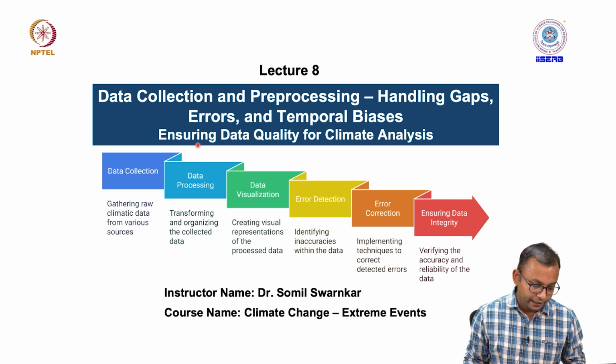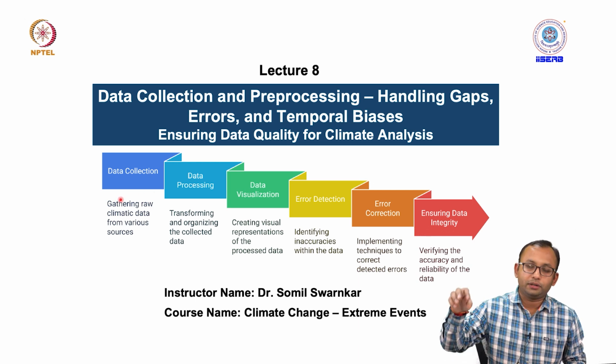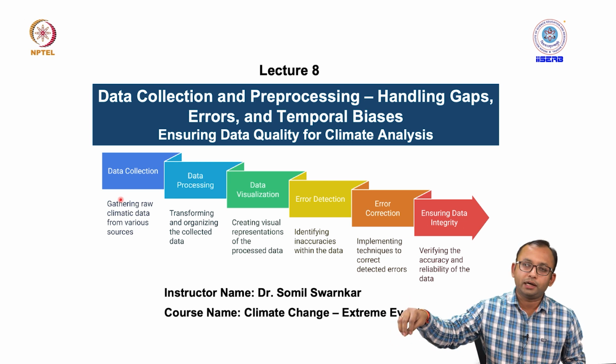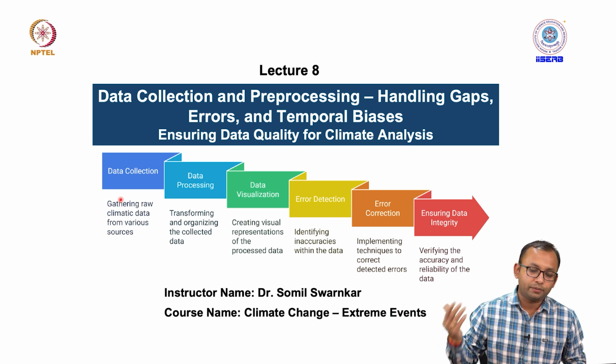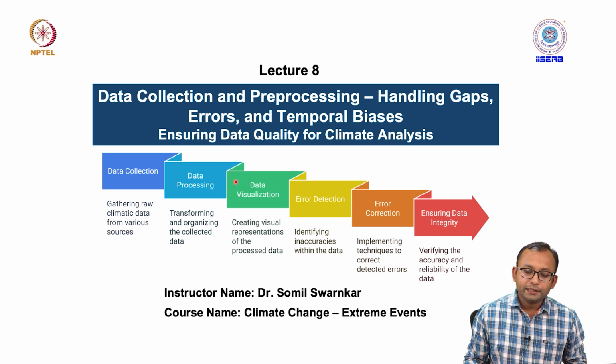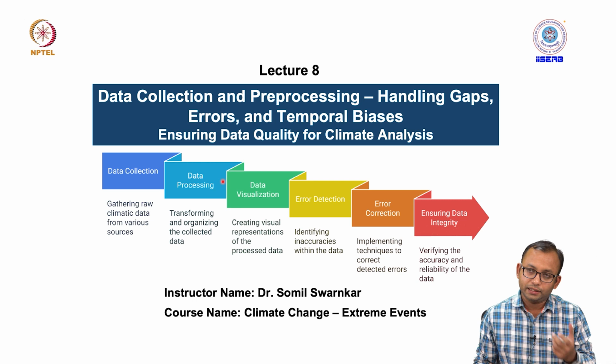In this lecture 8, we will primarily focus on what exactly data collection is: gathering new climate data from different sources. These sources are either point data, or satellite observation, or let us say reanalysis product. Then this data set has some sort of errors or uncertainties.